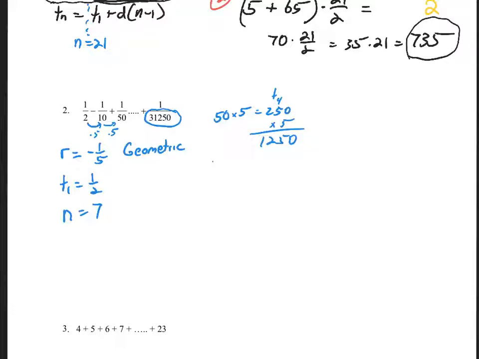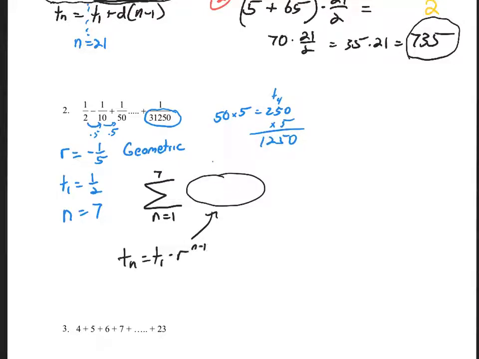So once we have this, we can write this in sigma notation, and we're going from the first term to the 7th term. And in here, we're going to put the formula for finding a geometric term. For geometric, it was T1 times R to the n minus 1. So we've got 1/2 times, ratio is negative 1/5, raised to the n minus 1 power.